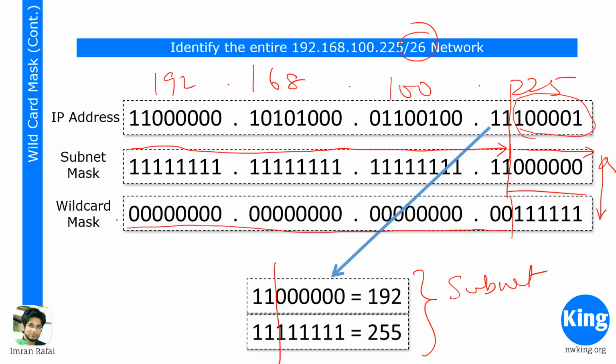Whereas wildcard, the name should tell you, it's wild. You can have a few ones, then a few zeros, then a few ones, whatever you want. Whichever part of the IP address you want to match, you make zeros, and whichever part you want to ignore, you say I don't care what it is, you make ones. You will have a better idea when you see the example.